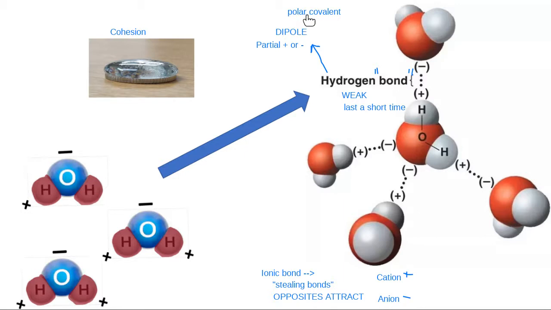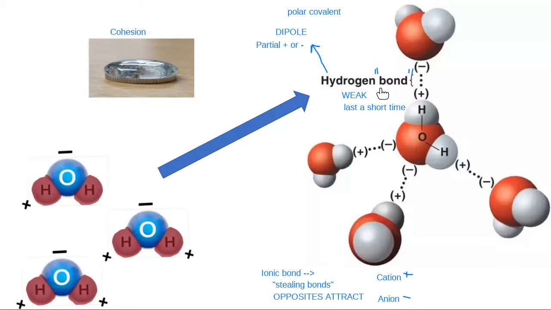If I am not sharing my electrons equally, somebody is partially positive, somebody is partially negative. I have dipoles. I have areas where we're not sharing equally. And if we have dipoles, it's highly possible that we're going to form hydrogen bonds.